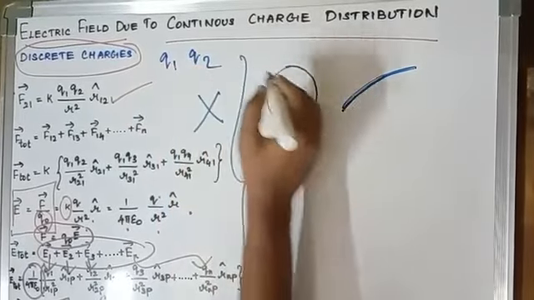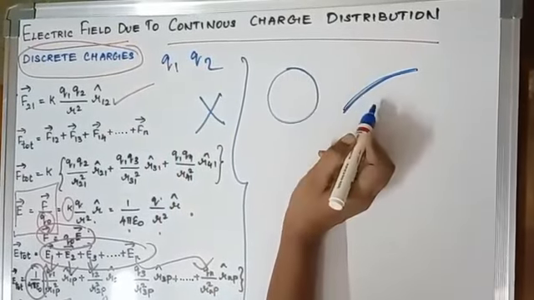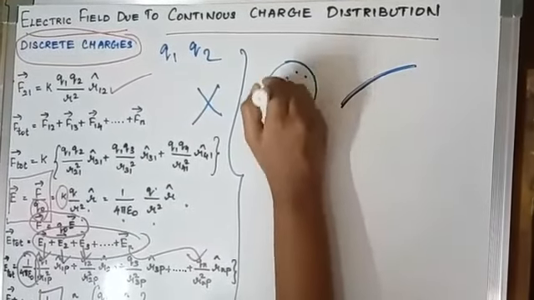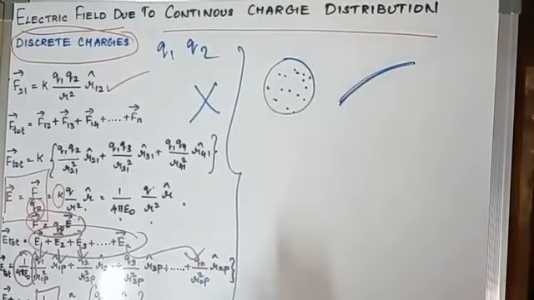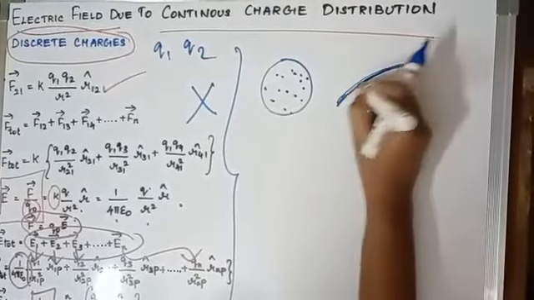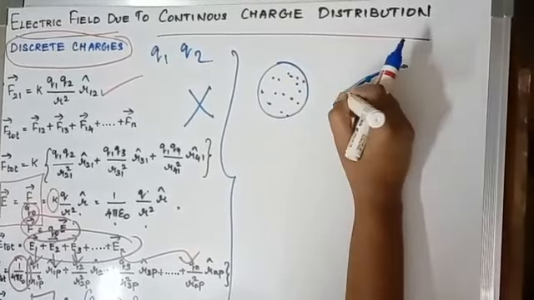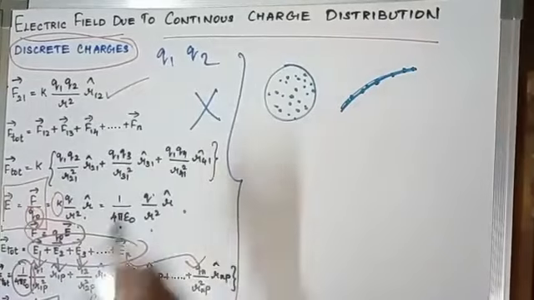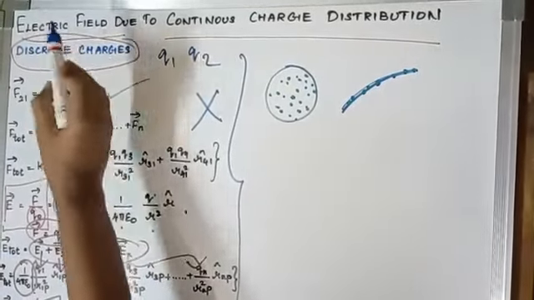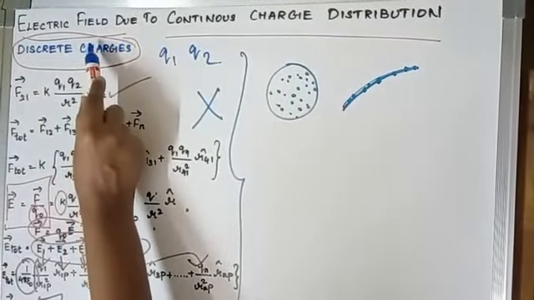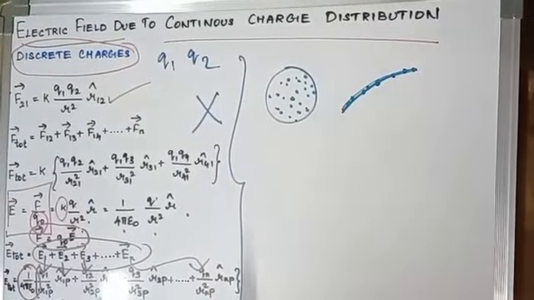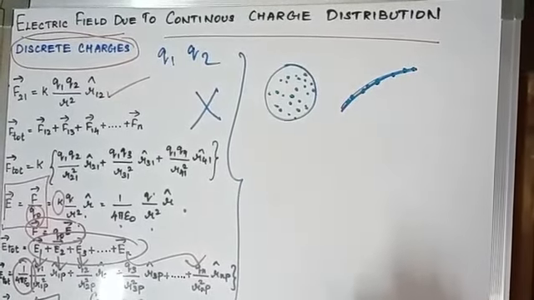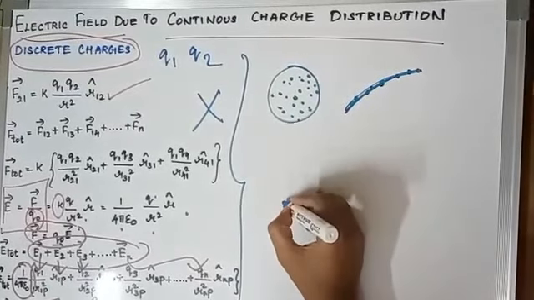But in continuous charge distribution, I have millions of charges present inside the charged body. So it is difficult to calculate. Now we are going to derive the expression to calculate the electric field in a continuous charge distribution. Let us assume an irregular charged object.